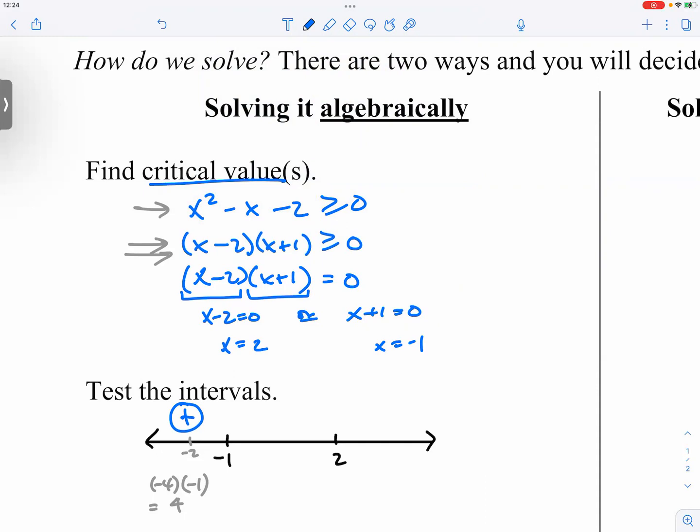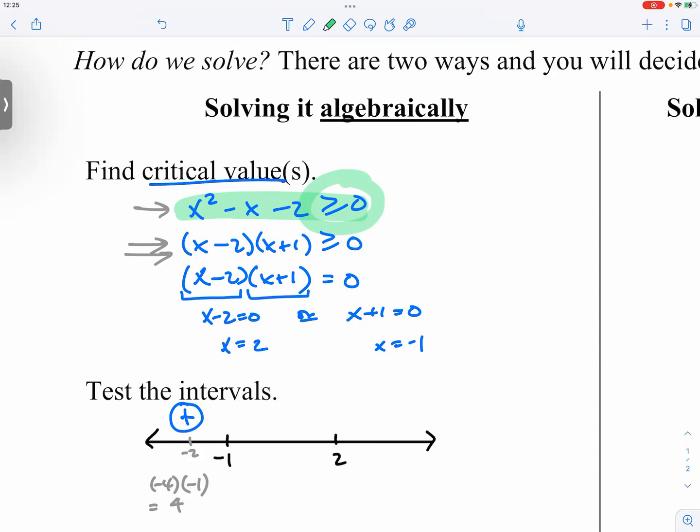So while we're at this interval, should we include it in our solution? Again, solving means to find the values that make the statement true, and the statement is what? This thing must be greater than or equal to 0.